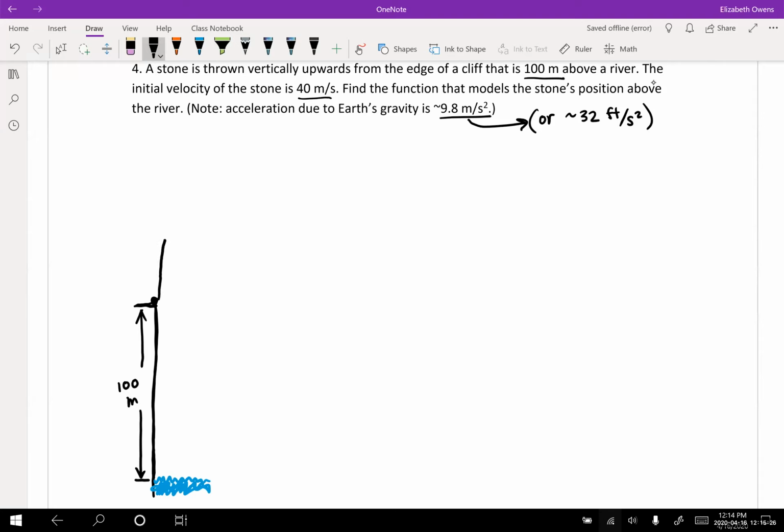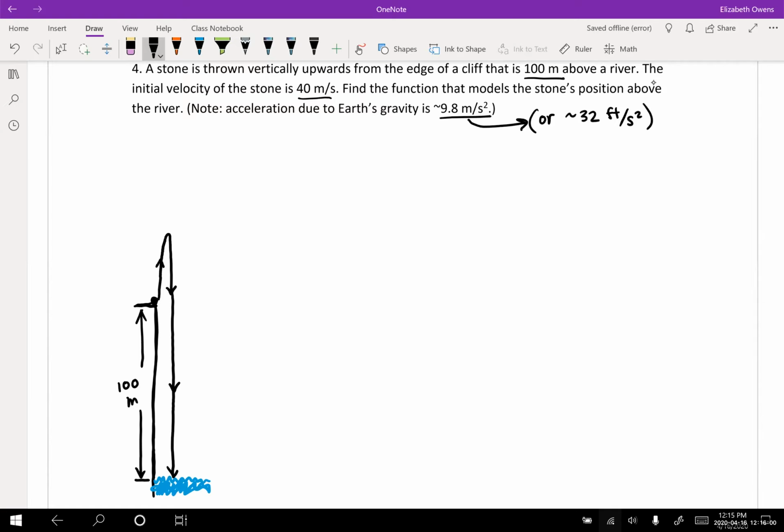So that stone is going to go up, and then we know what goes up must come down. So the path of the stone would go something like this. It's going to go up until it reaches a certain point, and then gravity is going to pull it back down, and it's going to fall into the river eventually. So there we go. That's a picture of what we're looking at.